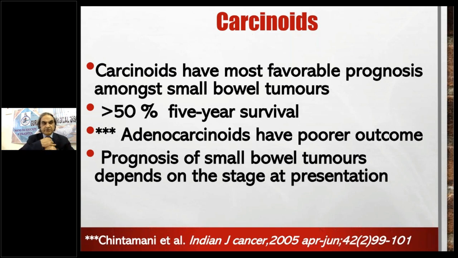So it's important that we explore the small bowel, and we found adenocarcinoid was the cause. And adenocarcinoid has a very bad prognosis. Carcinoids may not have that bad a prognosis, but adenocarcinoids have an element of adenocarcinoma in it. So that is what makes it bleed, and that's what makes it a prognostically poor cancer.